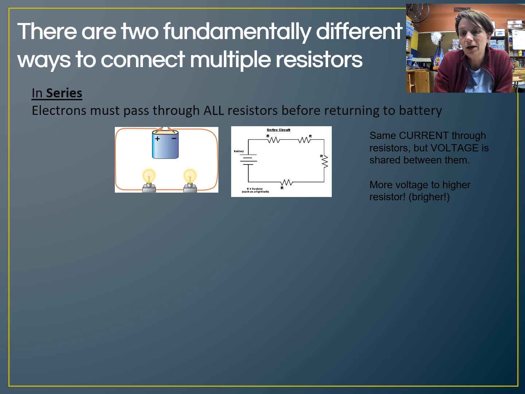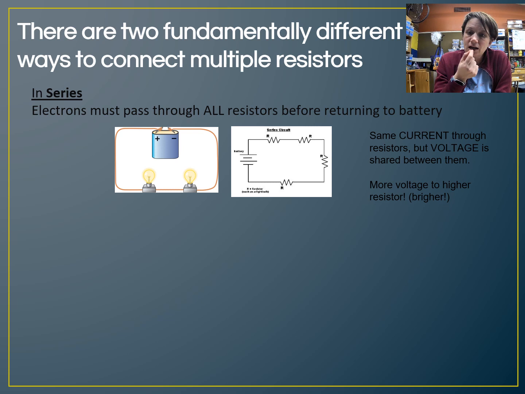We have a single loop, therefore we gain energy at the battery and we lose energy at each of those resistors. Therefore, the voltage used at the resistors should sum to the total voltage of the battery. So that's conceptually where we get using our loop rule.